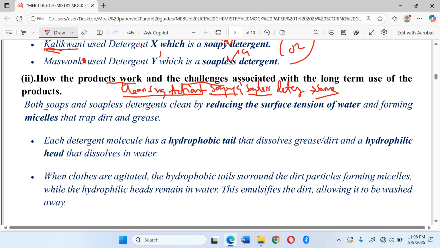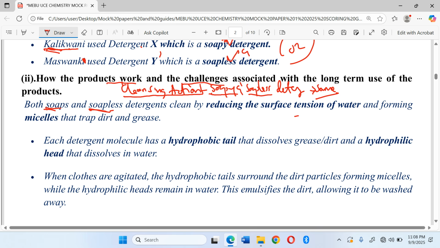Both soap and soapless detergents clean by reducing the surface tension of water and forming micelles that trap dirt and grease. So it is both the soap and soapless detergent. The question is, what helps them to reduce surface tension and form micelles?